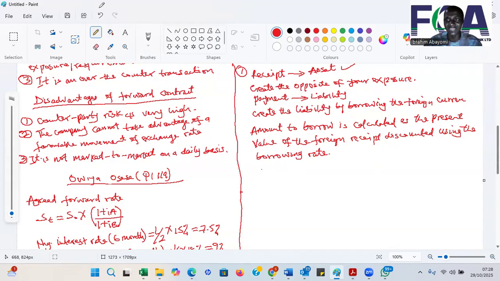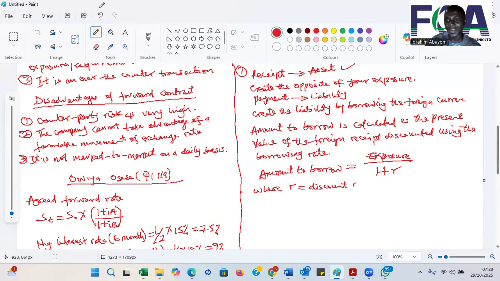So mathematically, the amount to borrow should be equal to your exposure over 1 plus R, where R is the discount rate.